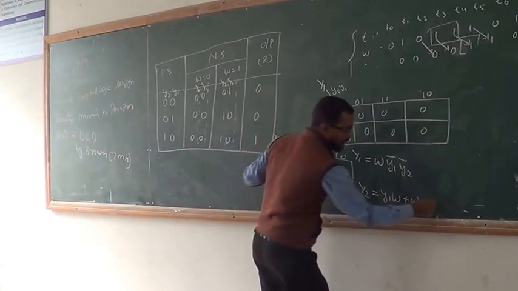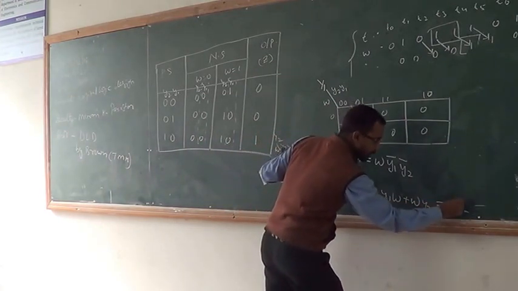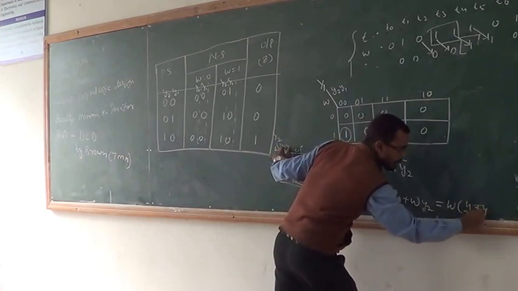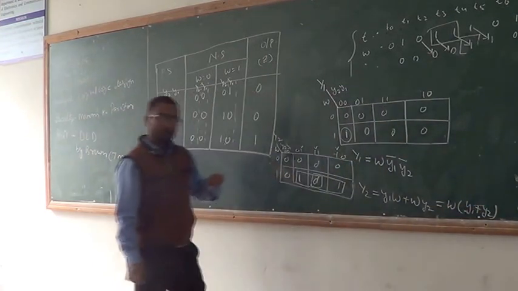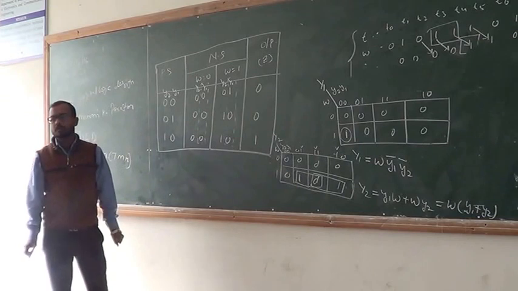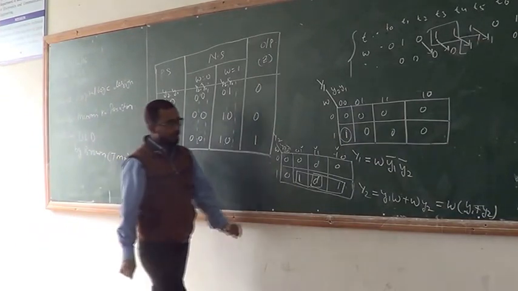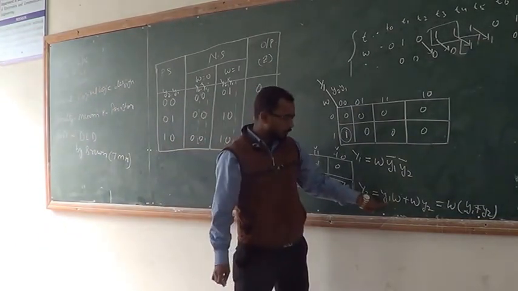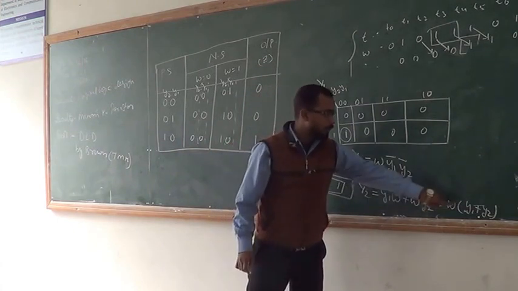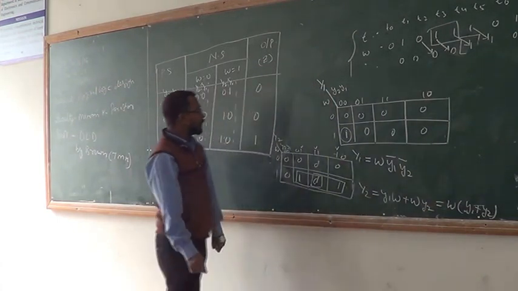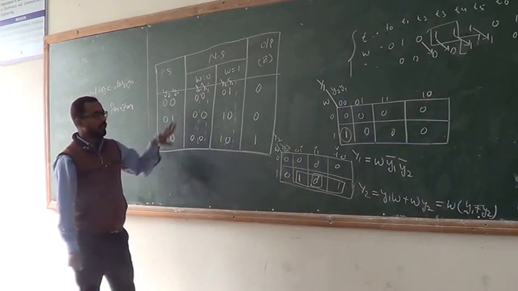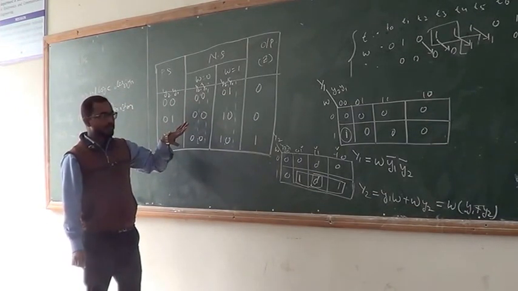That means the equation becomes y2 is equal to w y1 plus y2. Have any confusion?